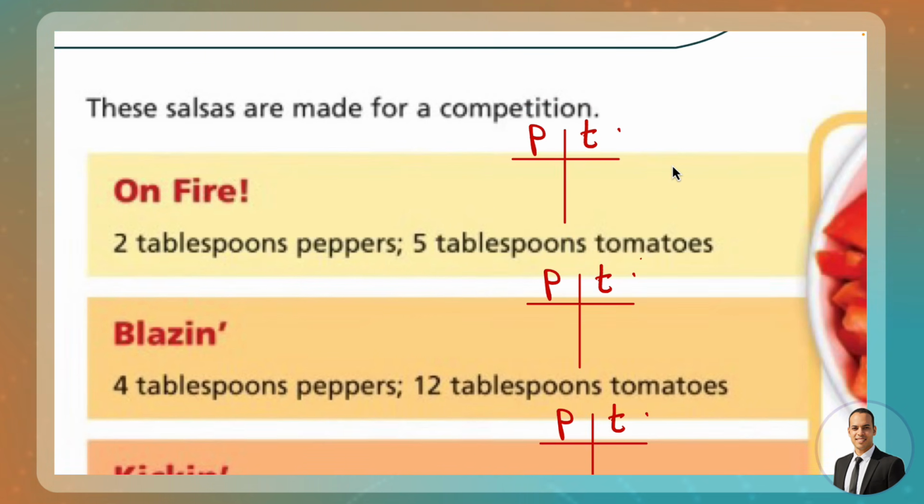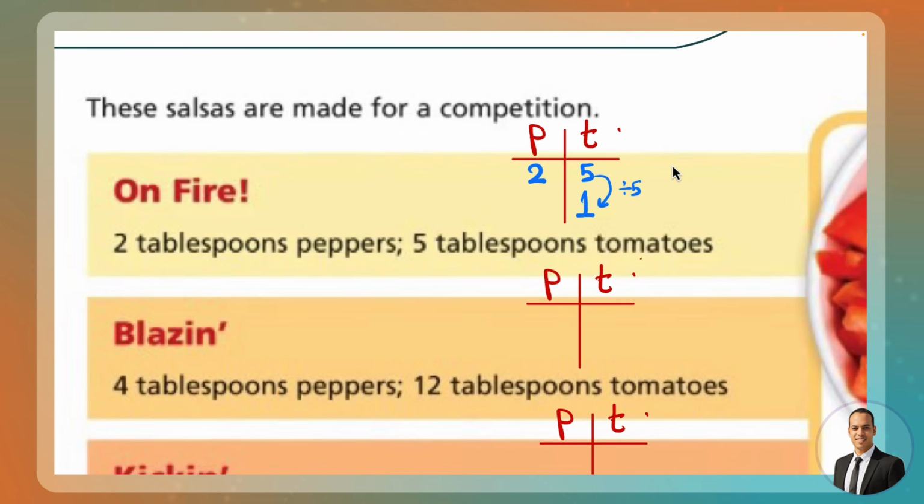So for On Fire, we have 2 tablespoons pepper and 5 tablespoons tomatoes. We said in order to compare them, we need to find it for 1 tablespoon tomatoes. So if it's 5 tablespoons tomatoes, it needed 2 tablespoons peppers. In order to get it for 1 only, you are dividing by 5.